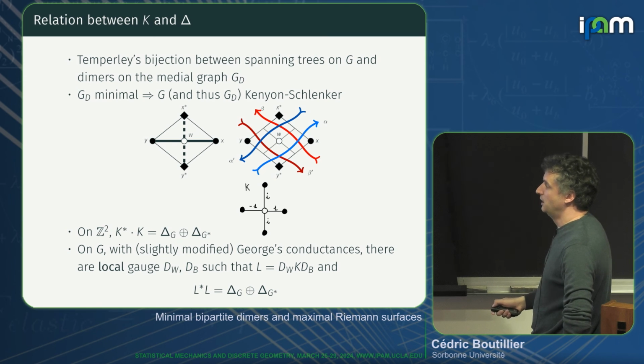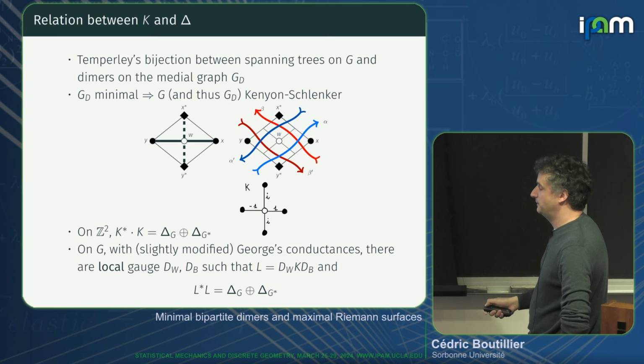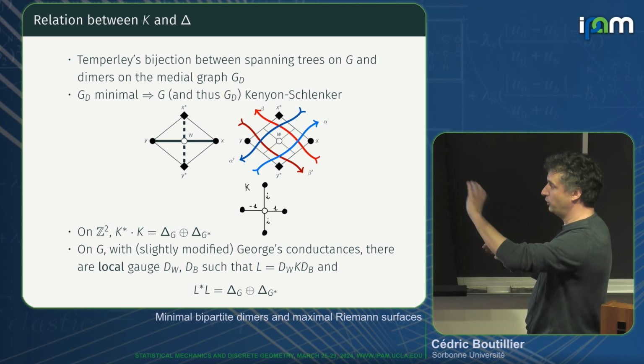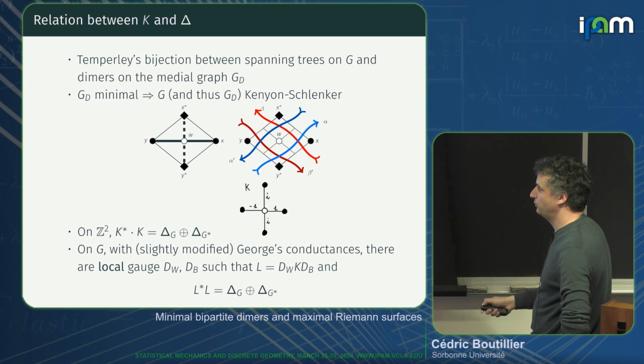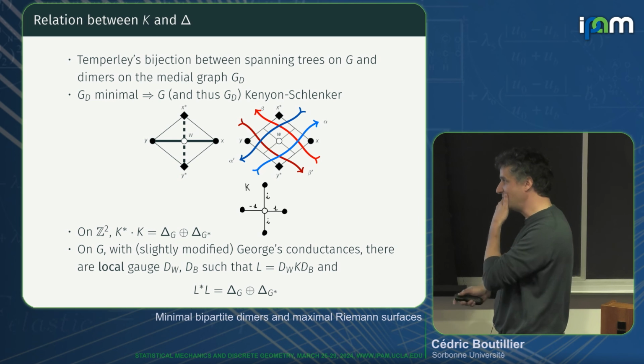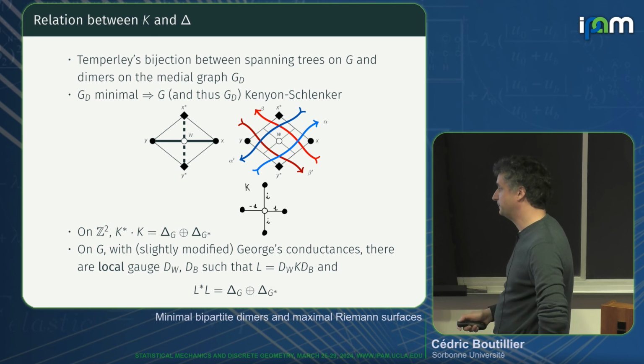If you choose correctly your Kasteleyn weights on the square lattice and you compute the product K star K, you get a diagonal block matrix where you read the Laplace operator on the graph and the Laplace operator on the dual graph.